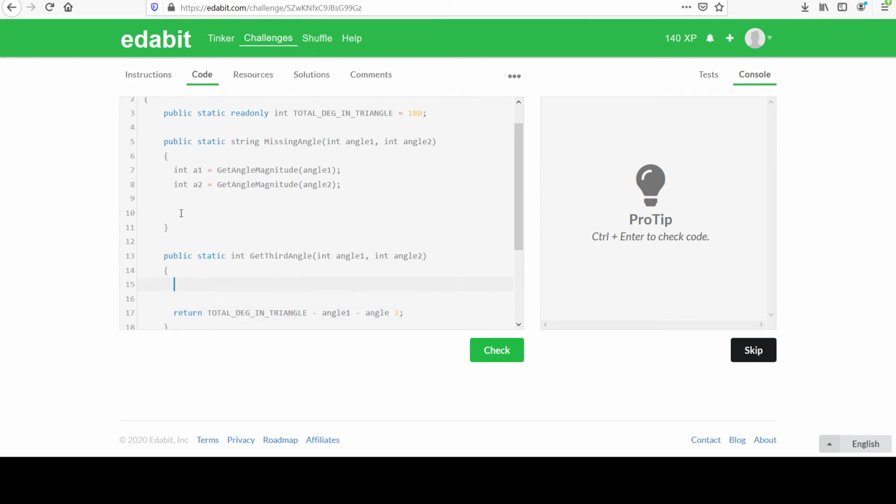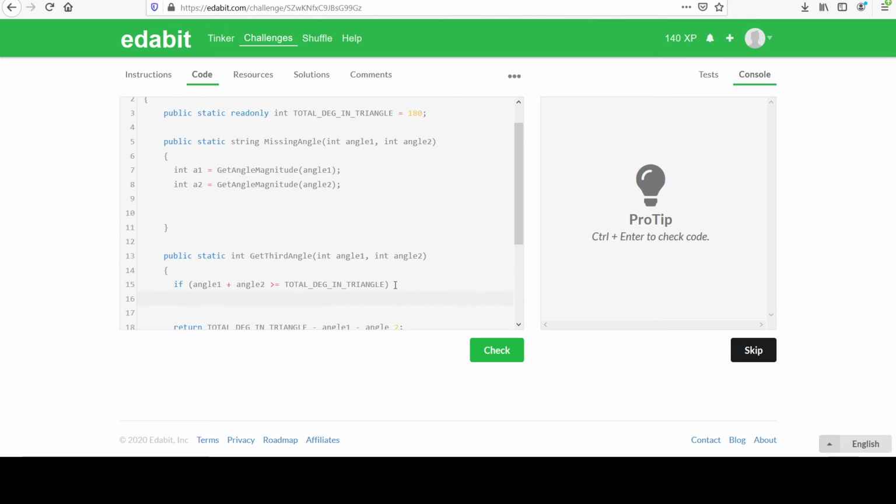Again, paranoia, we want to make sure that if angle 1 plus angle 2 is greater than or equal to that constant, that's a problem, right? This would be an invalid input, knowing what we know about triangles. If the two angles are already in excess of the total number of degrees in a triangle, we're not talking about a triangle anymore.